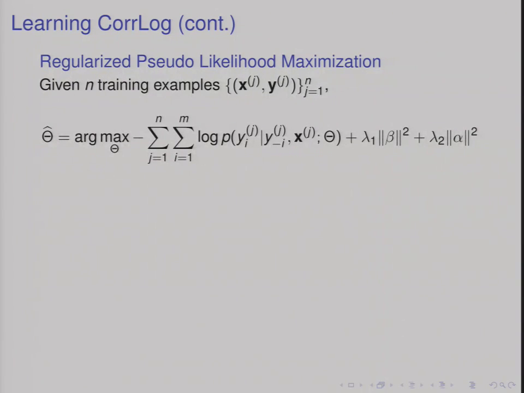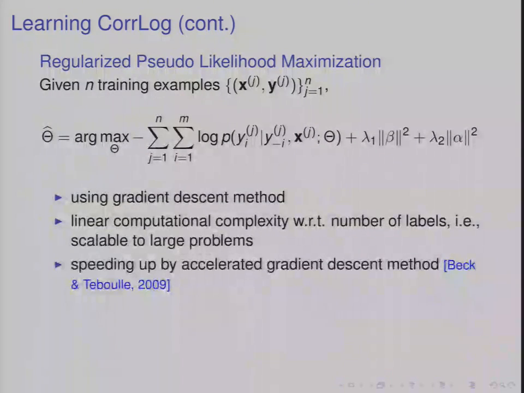So if we have n training examples, the parameters of CorrLog can be learned by regularized pseudo-likelihood estimation. The learning procedure is very efficient. We can use a gradient descent-based method, and we can show that the computational complexity of the learning procedure is linear with respect to the number of labels, so CorrLog has very good scalability. Further, we can also use an accelerated gradient descent method to speed up the training procedure.